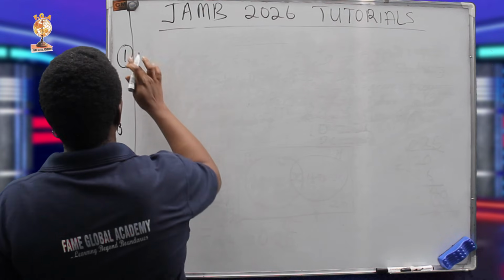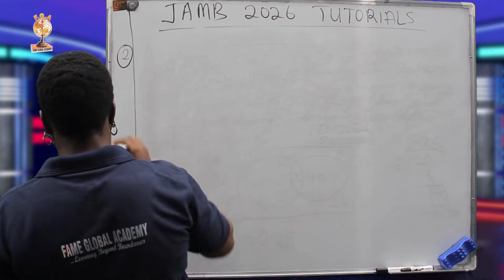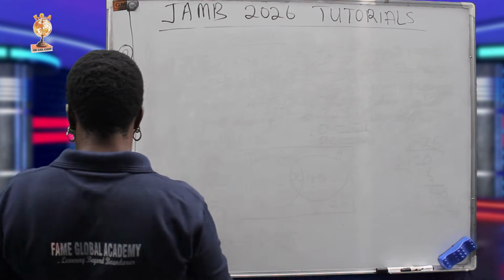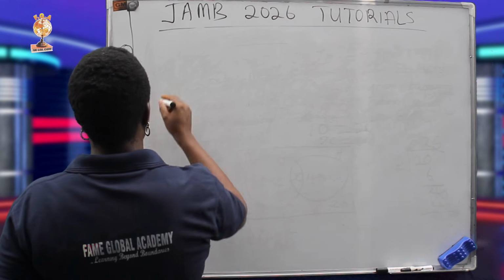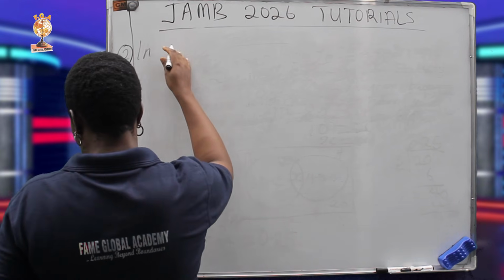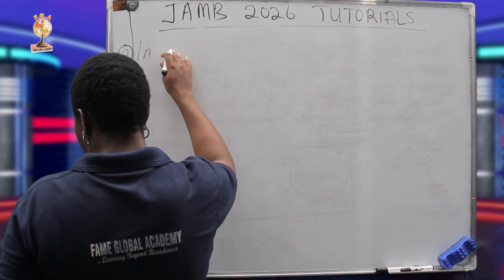Question number 2. It says, in a group of 72 students, this is another past exam question, still under the Venn diagram.